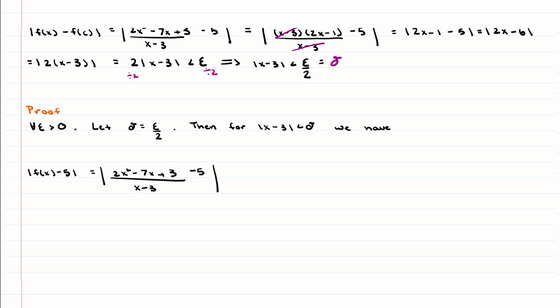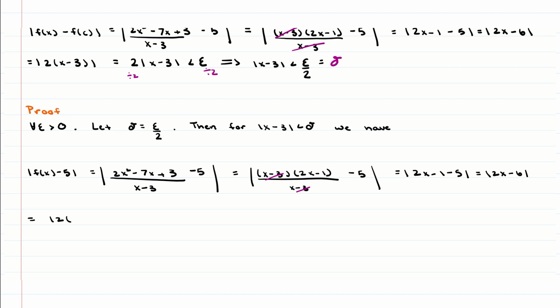We're basically just going to follow what we did in the analysis. So we'll factor the numerator. Simplify to the absolute value of 2x − 1 − 5, which equals the absolute value of 2x − 6.